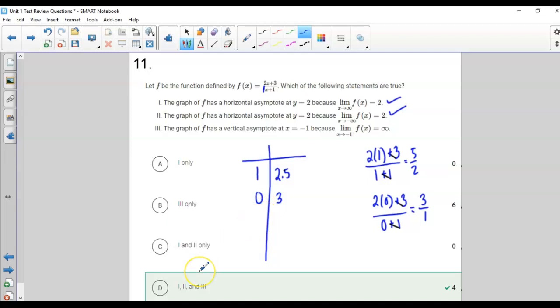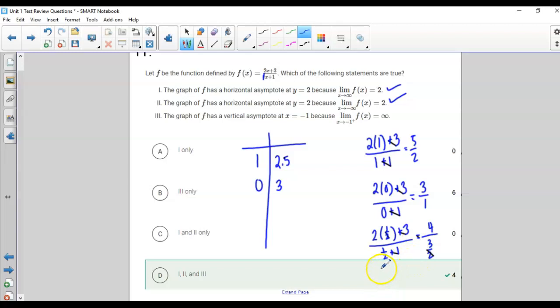I can't plug in 1. I could try maybe like 1/2. 2 times 1/2 plus 3 over 1/2 plus 1. That's going to give me 4 over 1/2 plus 1 is 3/2. And dividing fractions is easy as pie. Flip the second and multiply, which is going to give me 8 over 3, or 2.6 repeating.